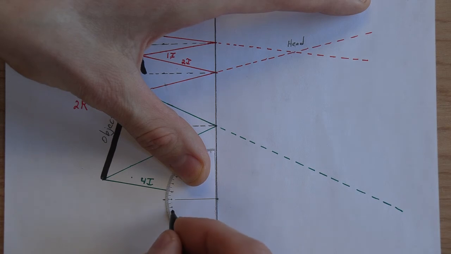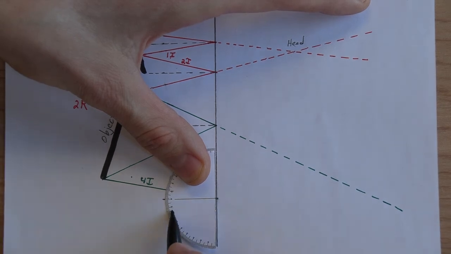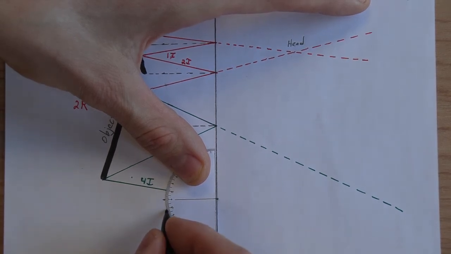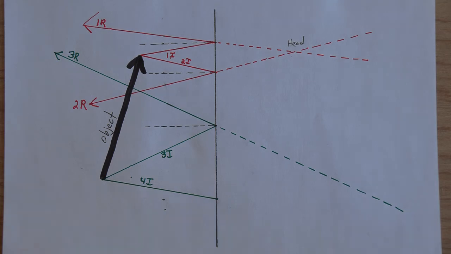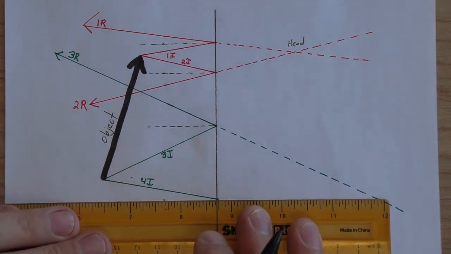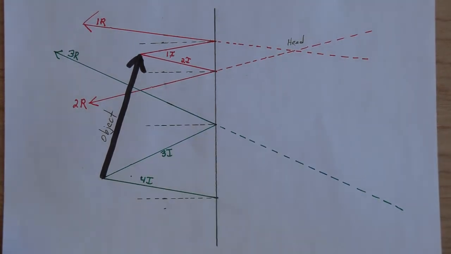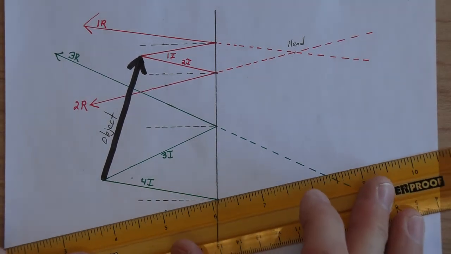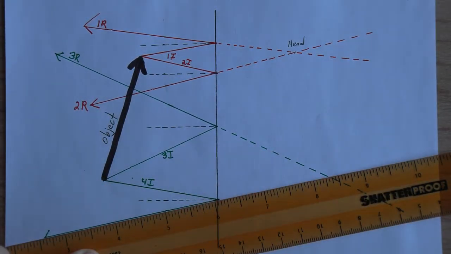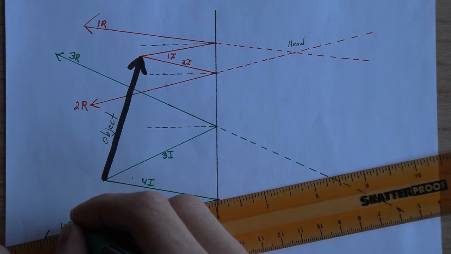So I have to make my reflected angle at 11 degrees. Here's 10. I'll go one beyond that. There's 11 degrees. All right, so time to construct the normal and time to construct the reflected ray. So, okay, this is 4 reflected.